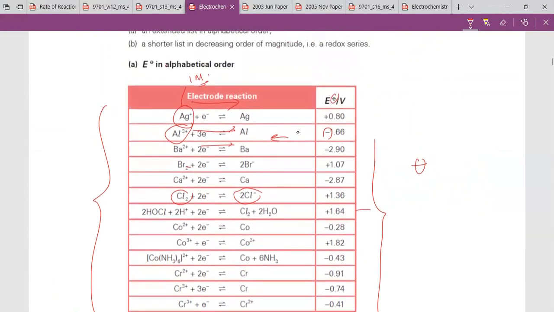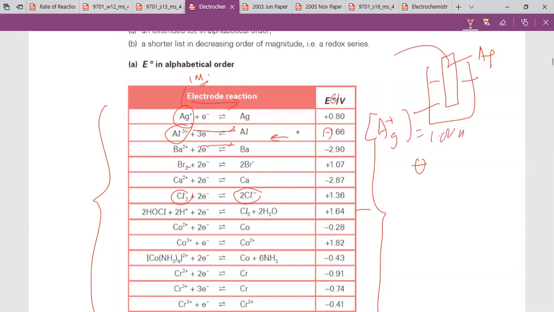For example, I put a silver electrode here, with silver ions, Ag plus, 1 molar, and connect it to the standard hydrogen electrode, SHE. The voltage is 0.80, and I know this is positive and hydrogen negative. If it's positive, that means this fluid will undergo reduction, so this is going to happen.